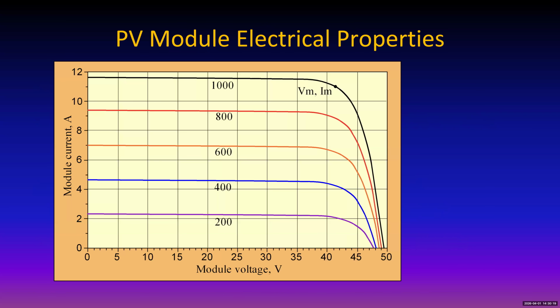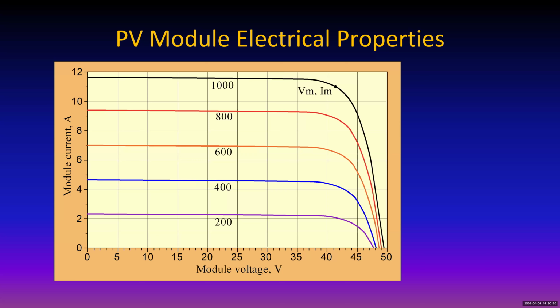Okay, the electrical properties of the module itself, the output power, the output current of this module is almost directly proportional to the intensity of the sunlight. So at a given voltage, the amount of power that's going to come out is going to be almost directly proportional to the amount of sunlight, as you can see from this graph.